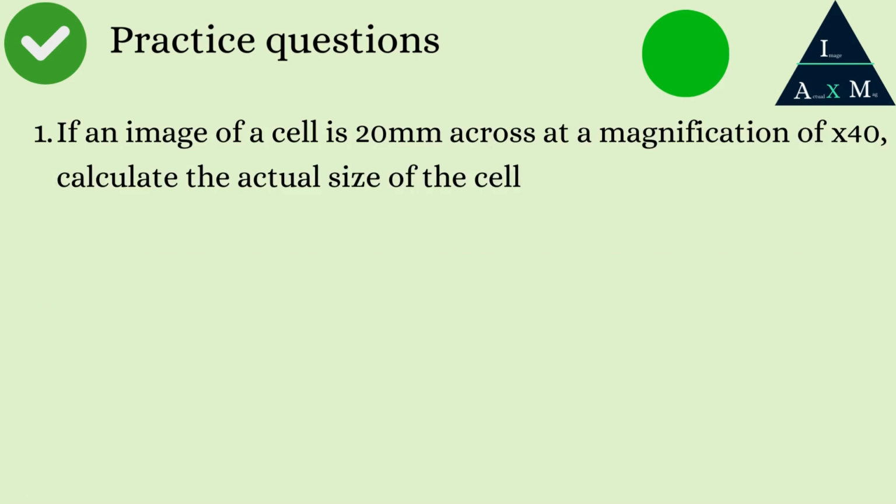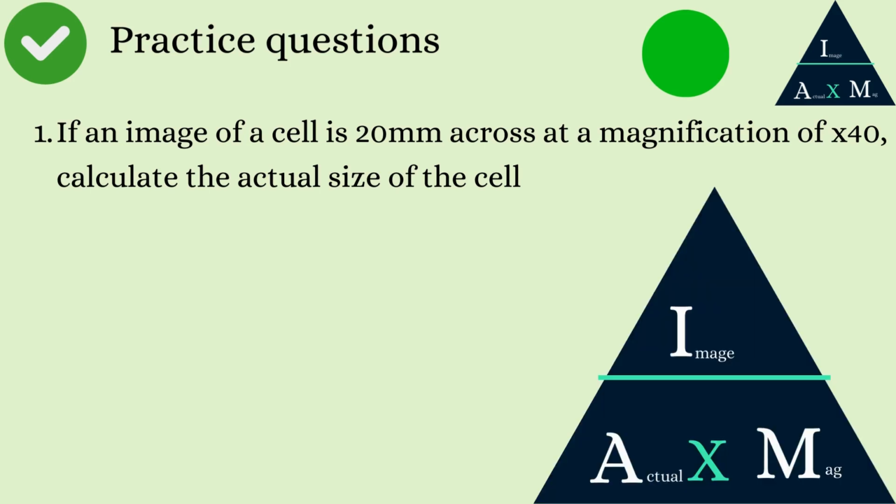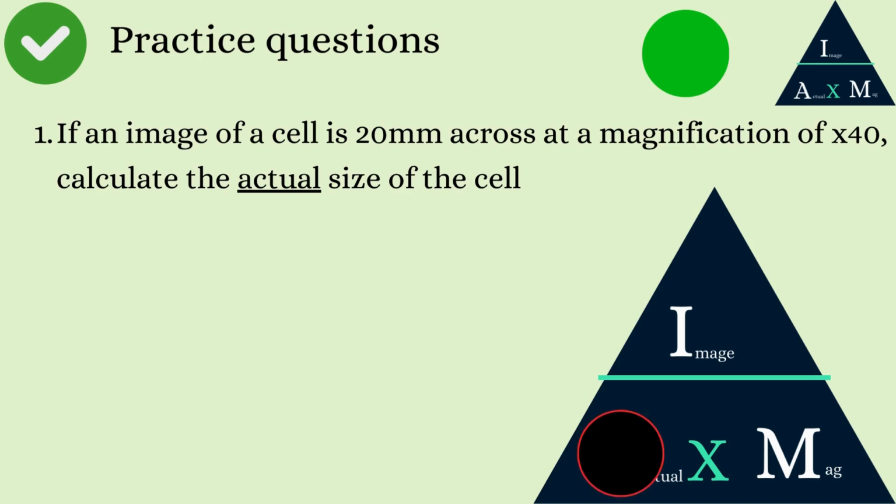So question 1 was, if an image of a cell is 20 millimeters across at a magnification of times 40, calculate the actual size of the cell. Looking at the I am triangle and the question together, we've been asked to calculate the actual size of the cell. Therefore, I cover up A for actual.